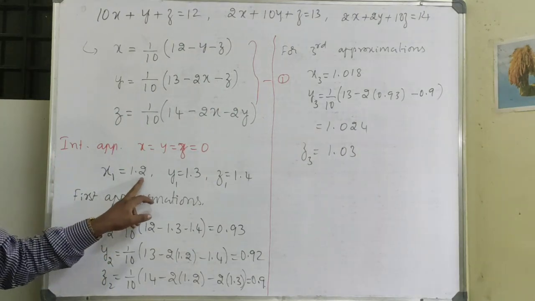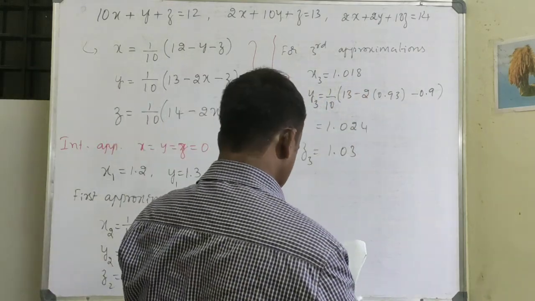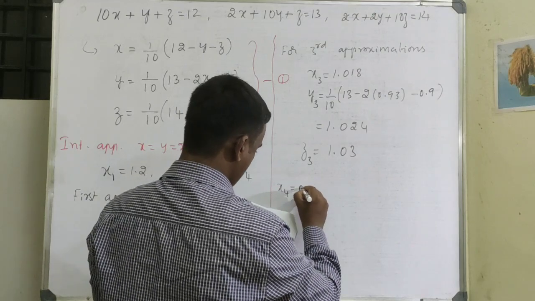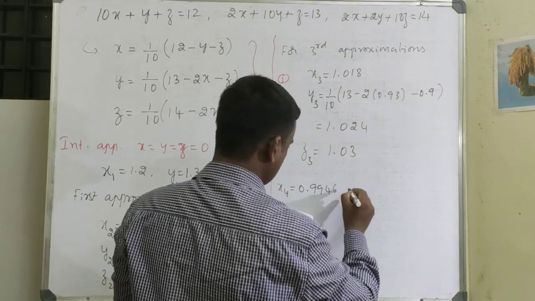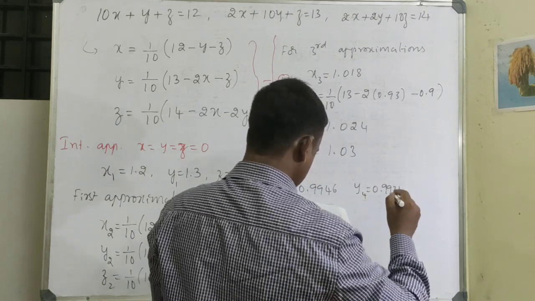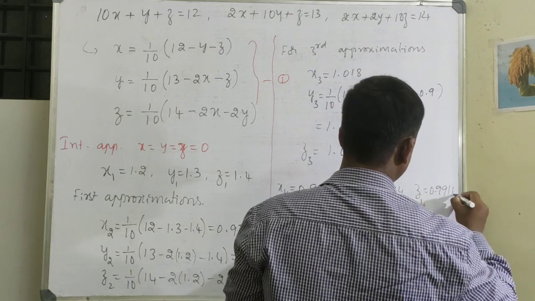I got x 1.2, 0.93, 1.018. The next will be x4 0.9946, y4 0.9934, z4 0.9916.